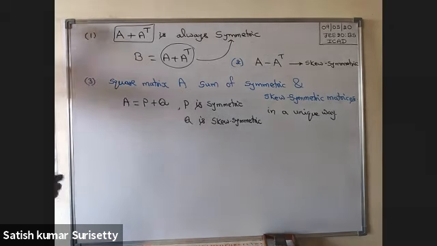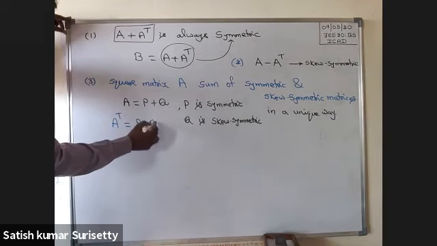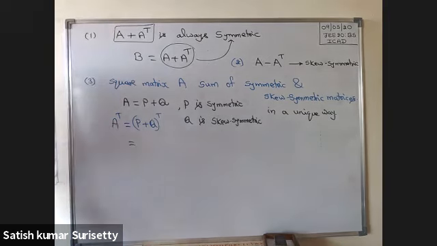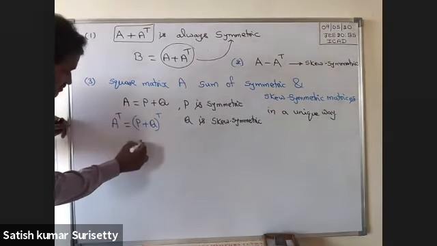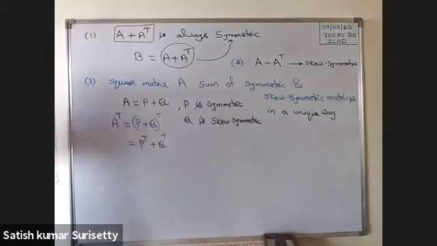Now, calculate A transpose. What will A transpose become? P plus Q whole transpose, which is P transpose plus Q transpose.